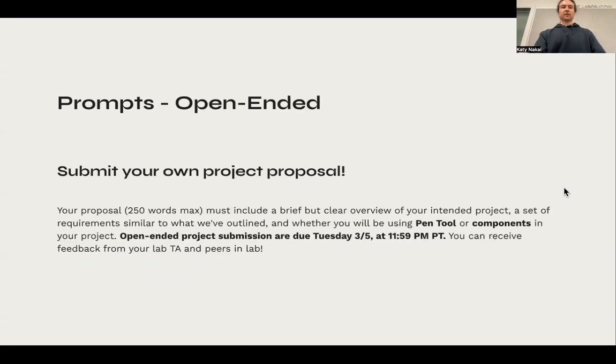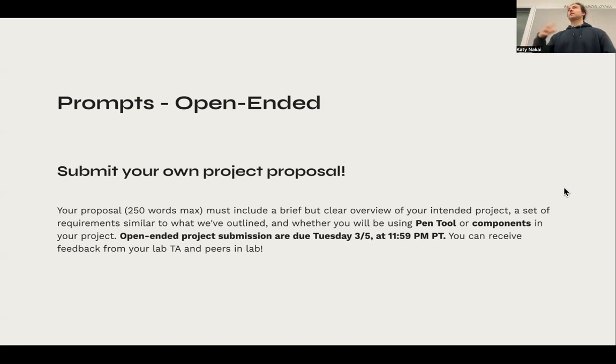Great. There's also an open-ended option where you can submit your own project proposal. That's a separate assignment in B courses. So if you're really feeling inspired, you can write up a clear overview of your intended project, and it's going to have a similar outline for what we require. You can't just say, hey, I want to do one pen tool drawing. Unfortunately, not.